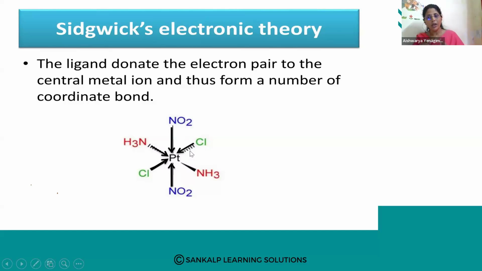It will donate its lone pair such that the lone pair is shared by the central metal atom as well as the ligand. Like the chocolate sharing example I had given, it will be shared by both of them. Such a type of bond is called a coordinate bond, or it is also called a dative bond, correct?